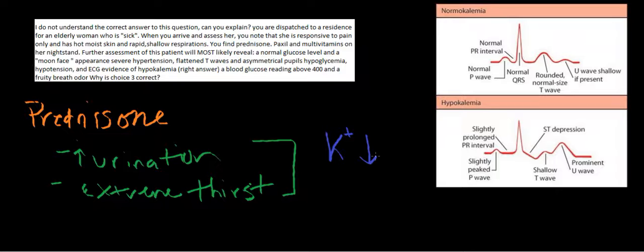I guess I didn't explain why this might be the case as well. Seeing that the question stem also states that you find Paxil and multivitamins on her nightstand. You also find prednisone.